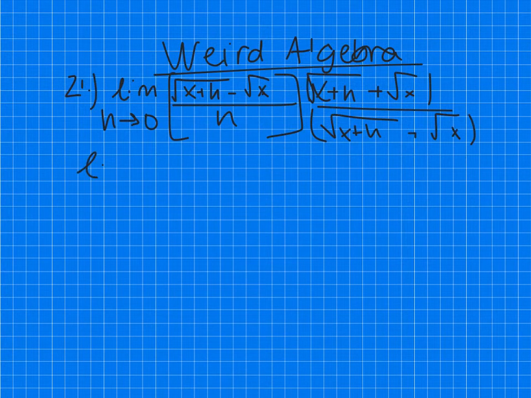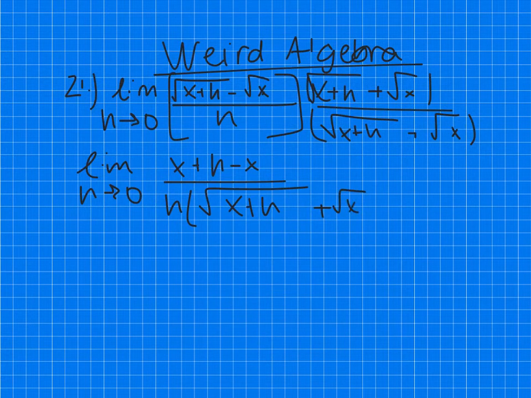So the limit of x plus h minus x over h times the quantity of the square root of x plus h, plus the square root of x. Now, this has to be set up like a proof, so you have to show every single step, which, yes, does mean that you have to write this terrible limit thing over and over again, but it gets easier.